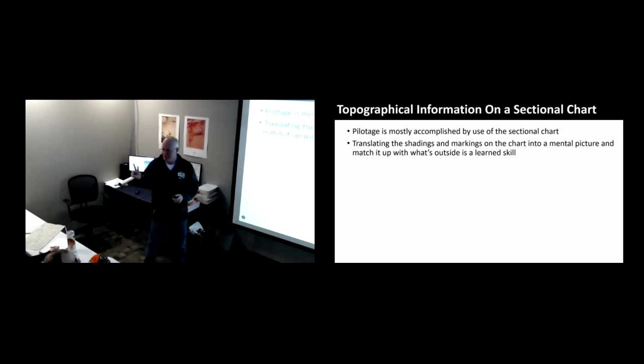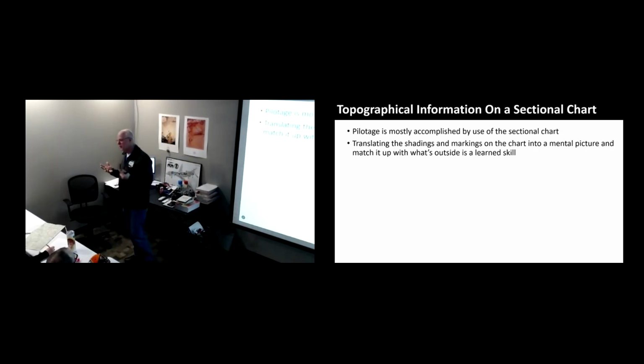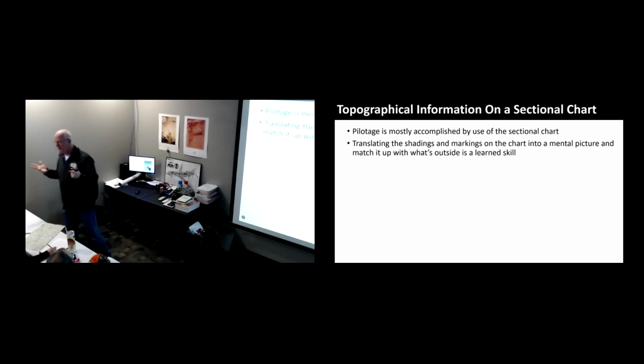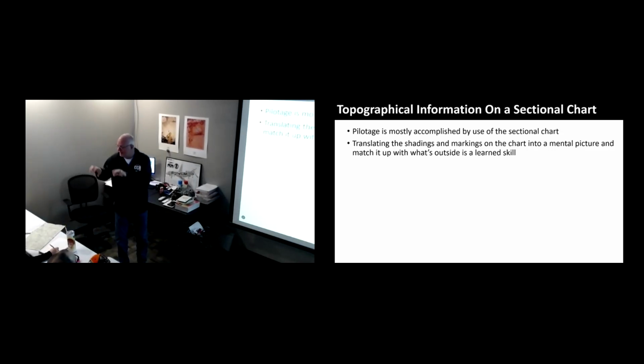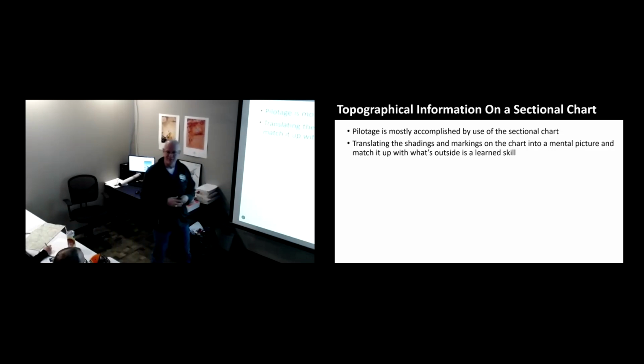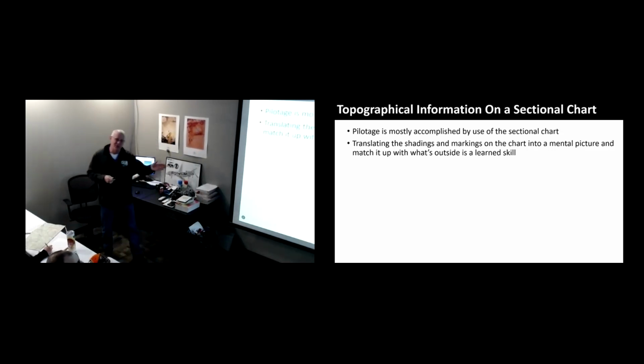Pilotage and dead reckoning. Pilotage is just using the eyeballs and the chart to see where you're going. Dead reckoning is short for deductive reckoning, and that's the calculations, right? That's looking at the chart and calculating how far, how fast, how high, all your time and distance and fuel and all that kind of stuff. Making sure you've got the right magnetic heading, you'll do all that for your navigation planning. That's dead reckoning. Straight up pilotage is eyeballs and chart. Looking outside and using the chart. Okay.